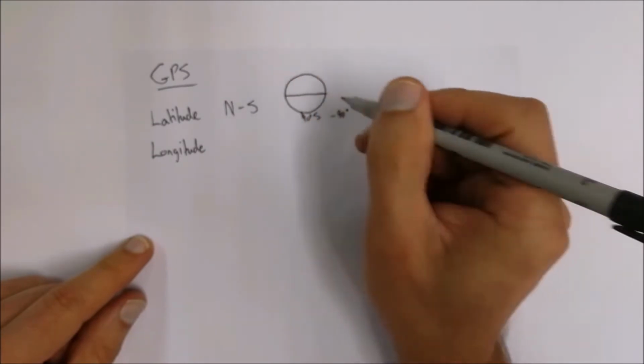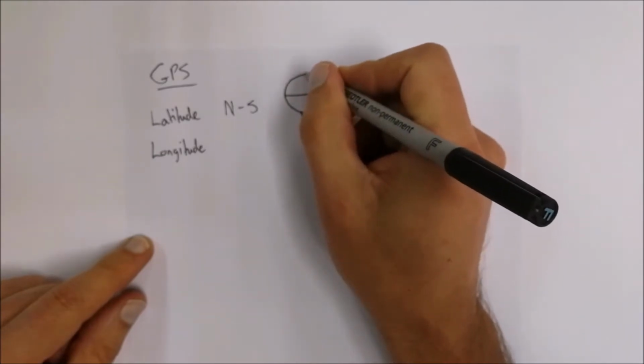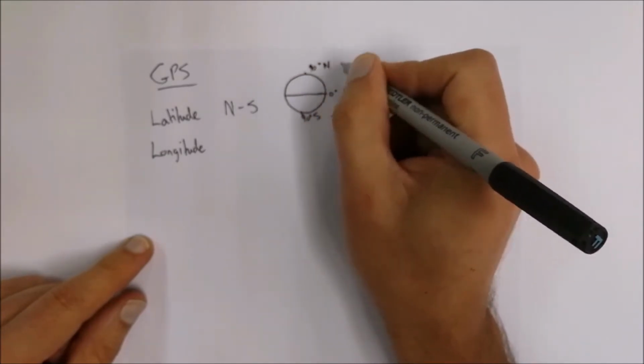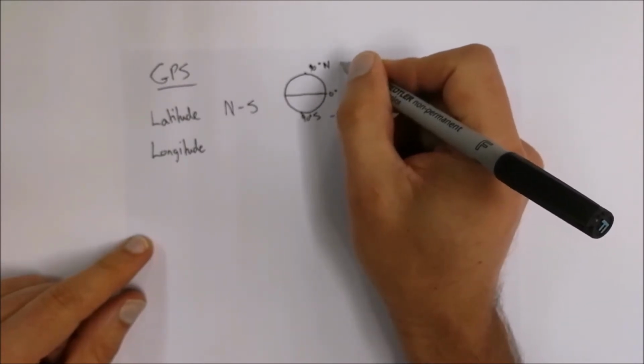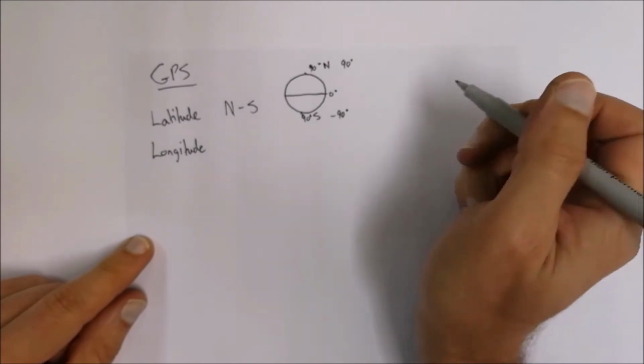Equator, which would be in the center, that would be at 0 degrees, and then north would be at 90 degrees north, or it could also be referred to as just 90 degrees, being a positive value.